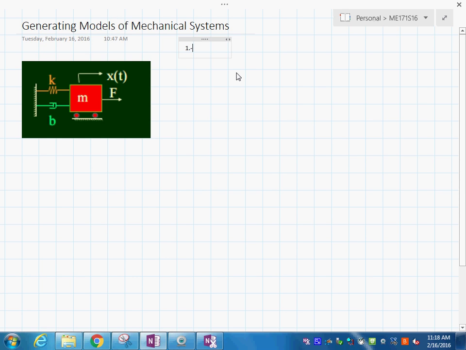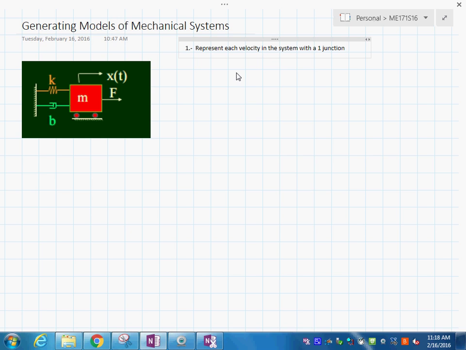I'm going to say represent each velocity in the system with a one junction. One junctions are the ones that are used for common velocity junctions.